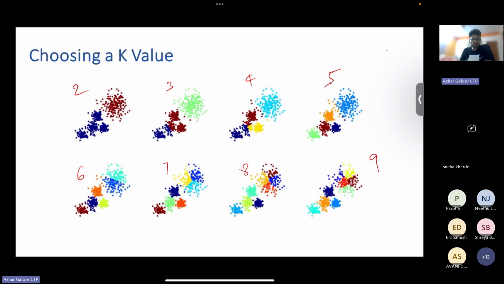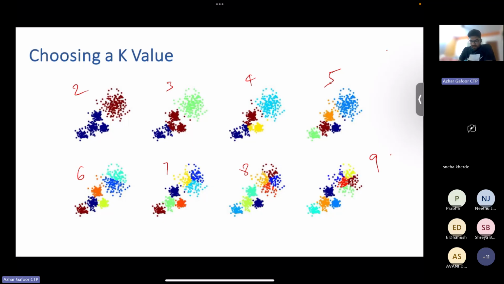Even though increasing the number of k will give the number of clusters according to the chosen value, it is not always the ideal option to follow.